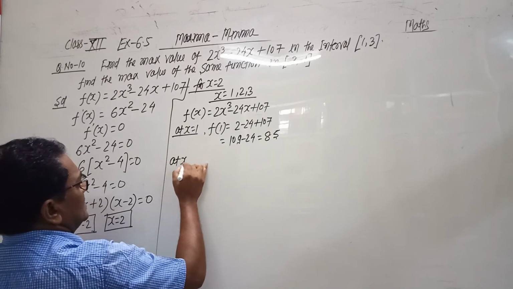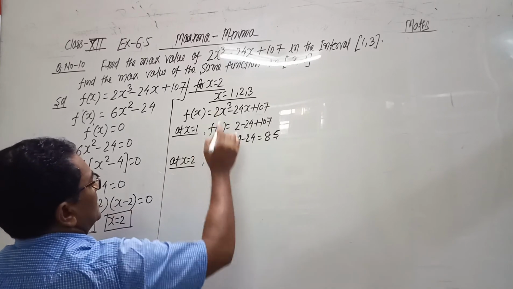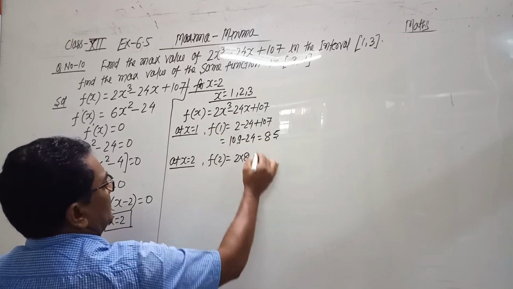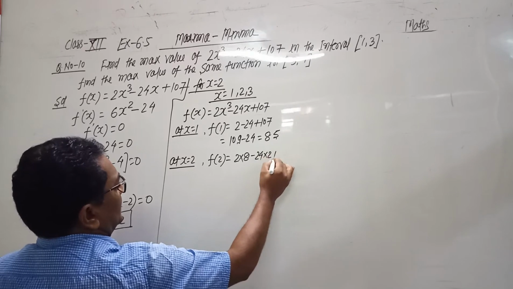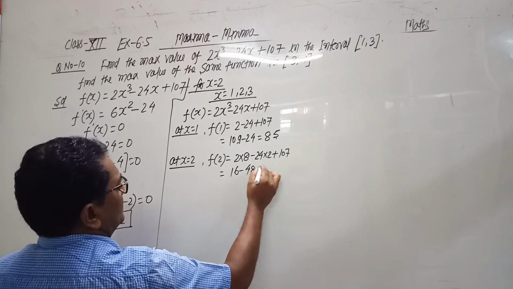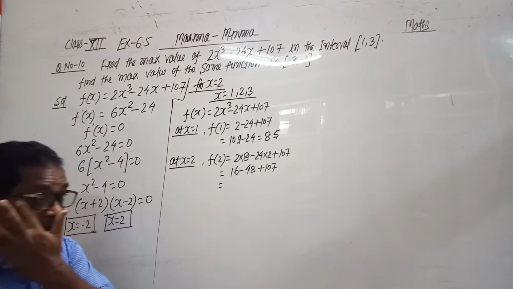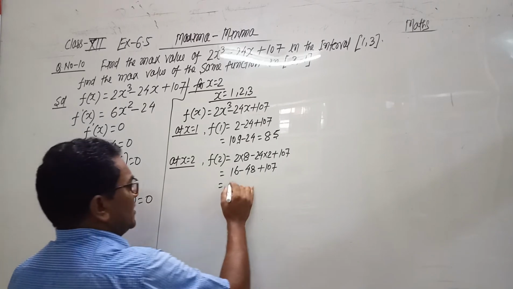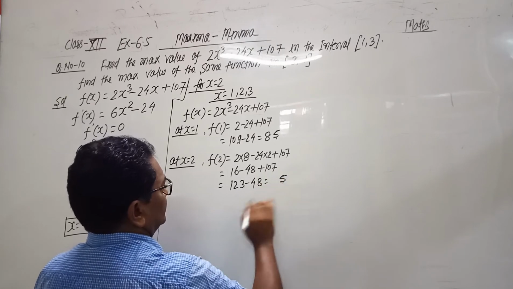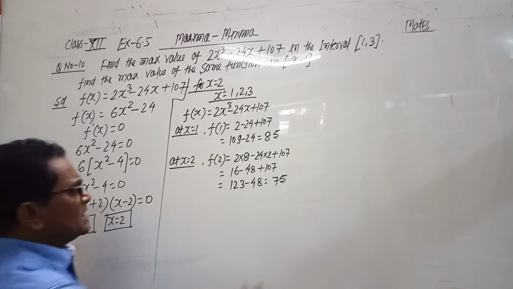Then at x equals 2, f(2) is 2 into 2 cubed, 8, minus 24 into 2 plus 107. That is 16 minus 48 plus 107. 107 plus 16 is 123, minus 48, and we get the value 75.